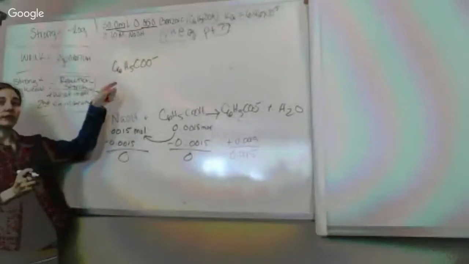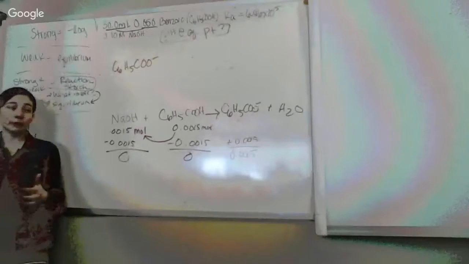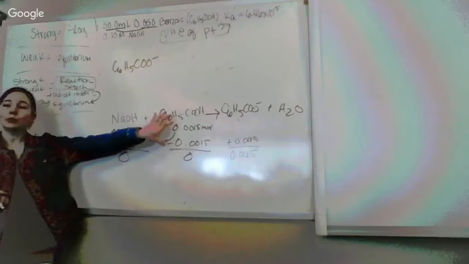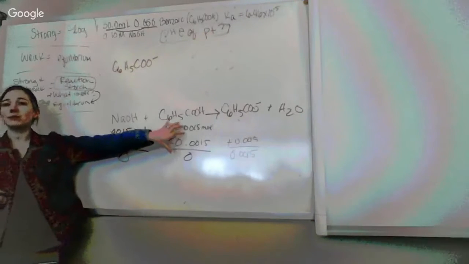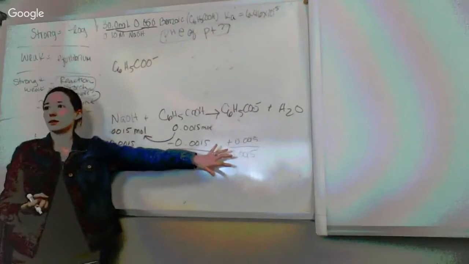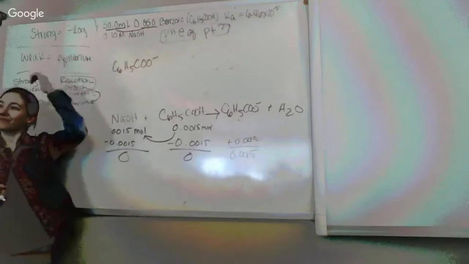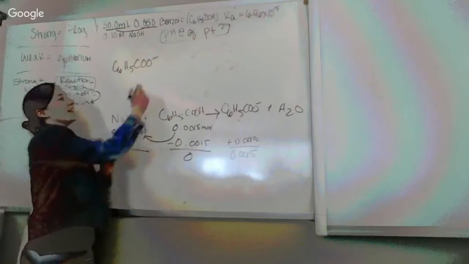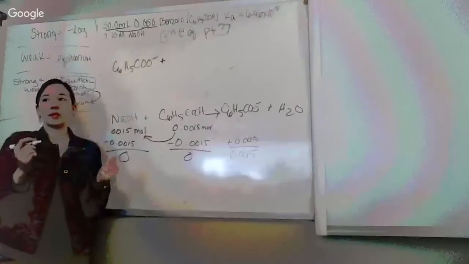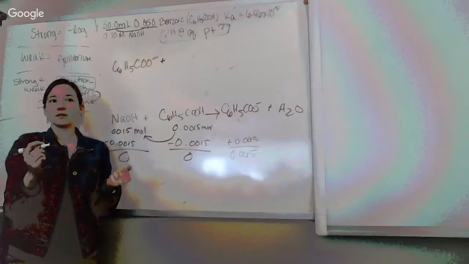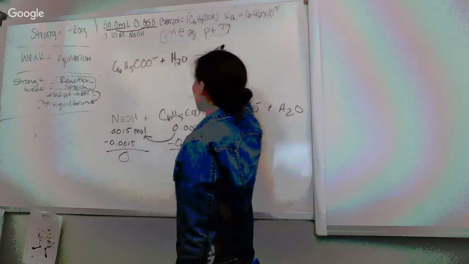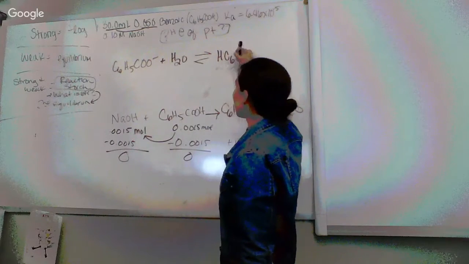C6H5COO negative. So now, Kelsey, it's a reactant. And this time it has to be a reactant because I don't have anything else for it to do the reacting. Once you run out of your weak acid or your weak base, then the other one will become the reactant. Yeah, good. I like that. Thank you. So then what's the only thing this has to react with? Water. And so it's going to react with water. It's going to reassociate.